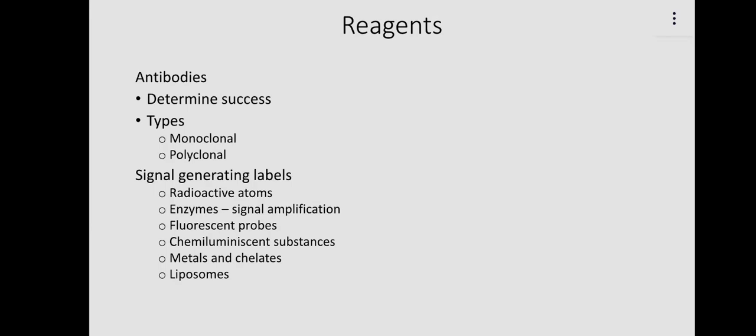So radioimmunoassays were the initial tests that were developed. They are quite sensitive and very precise, but they have certain disadvantages, which include the health hazard. They also require special attention for handling, so they require more training, more experience, etc. And they also tend to have a short half-life of the isotope.